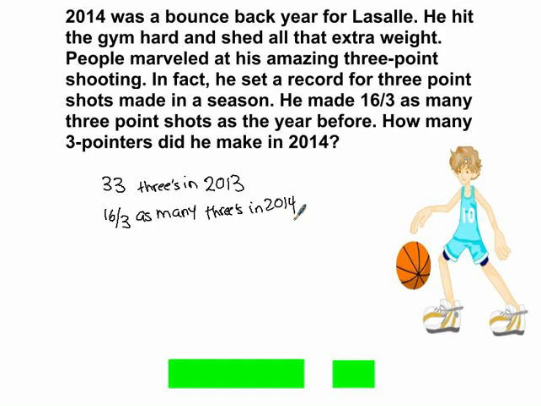This is where this problem gets confusing, because this doesn't seem like it's a nice workable number, 16/3. But if we think about what 16/3 means, if it was something like 15 thirds, well, we know 15 thirds is 5, or 500%. 16 thirds is over 500% as many threes.